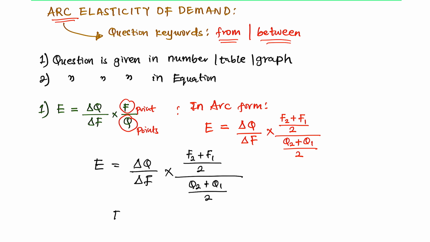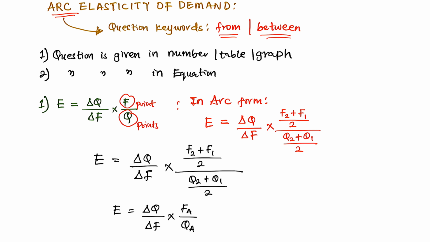So we end up with E equals change in quantity divided by change in the factor times factor average divided by quantity average.